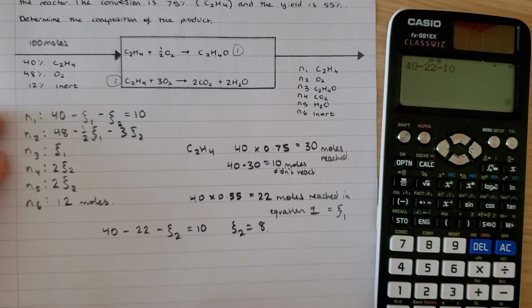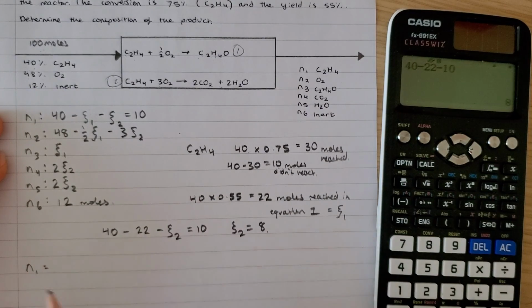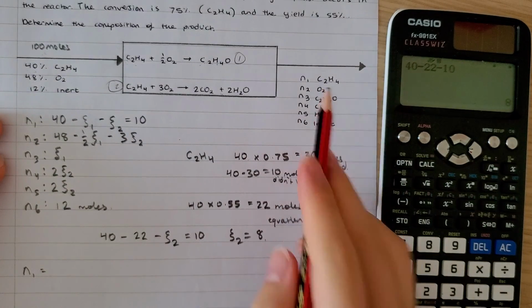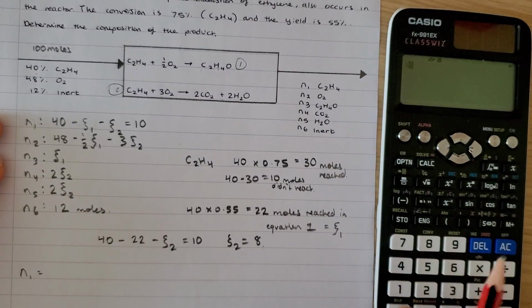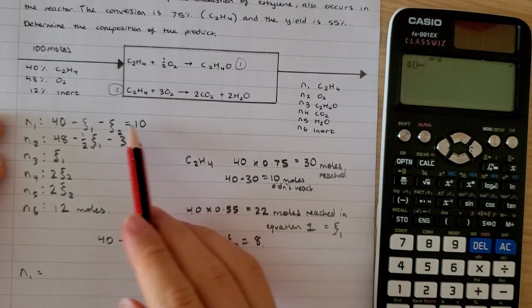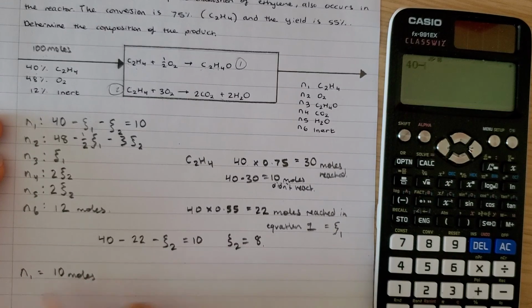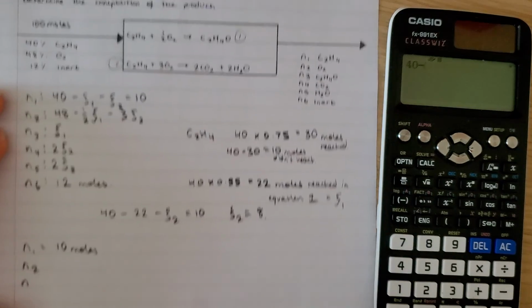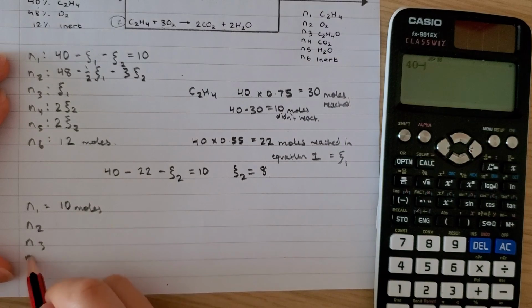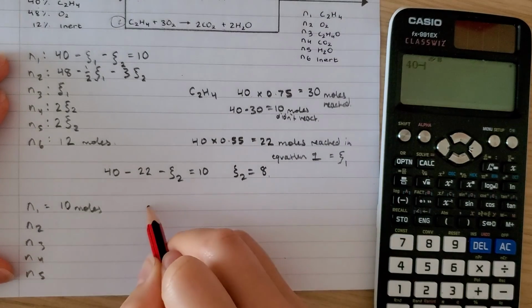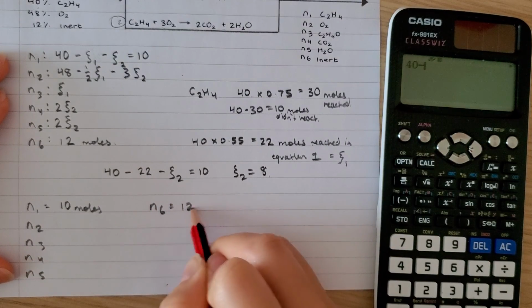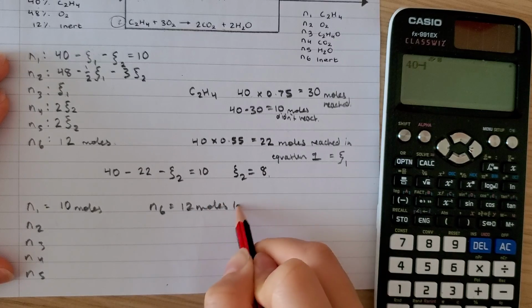So if we do that, we have N1, which is the moles of ethylene. We have 40, oh actually we've calculated it to be 10 already, 10 moles. So N2 we have N3 all the way to N6, which we know is 12 moles because it's inert.